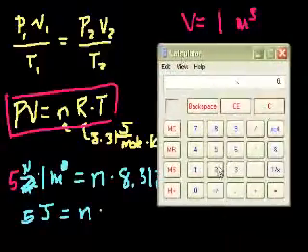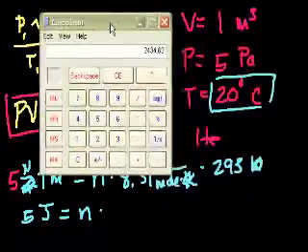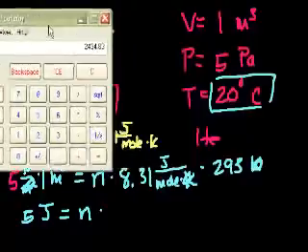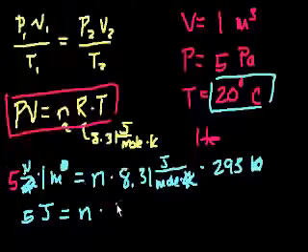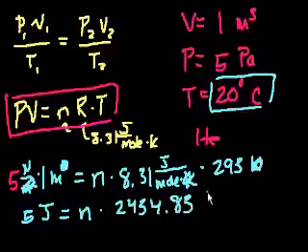So let's see. 8.31 times 293 is equal to 2434.83. So let me write that down. Times 2434.83 joules per mole.